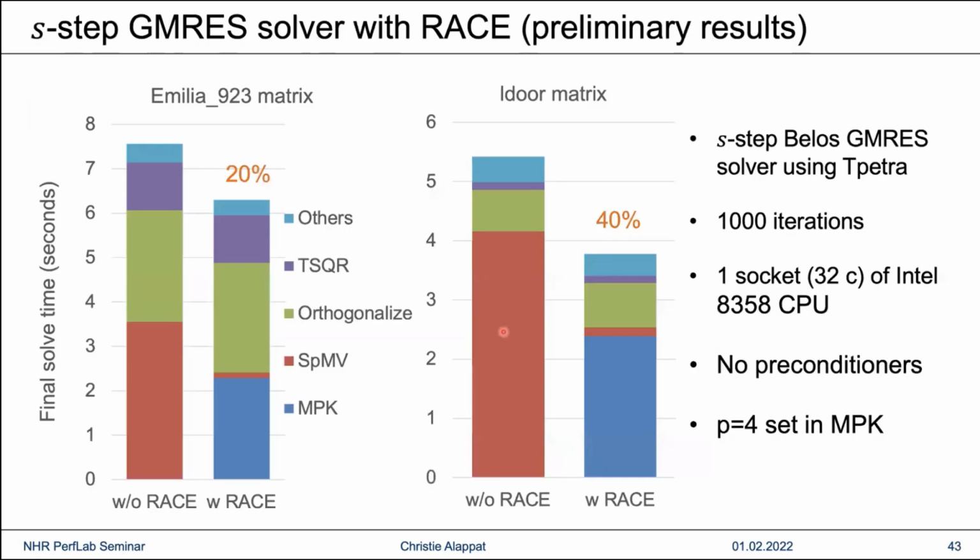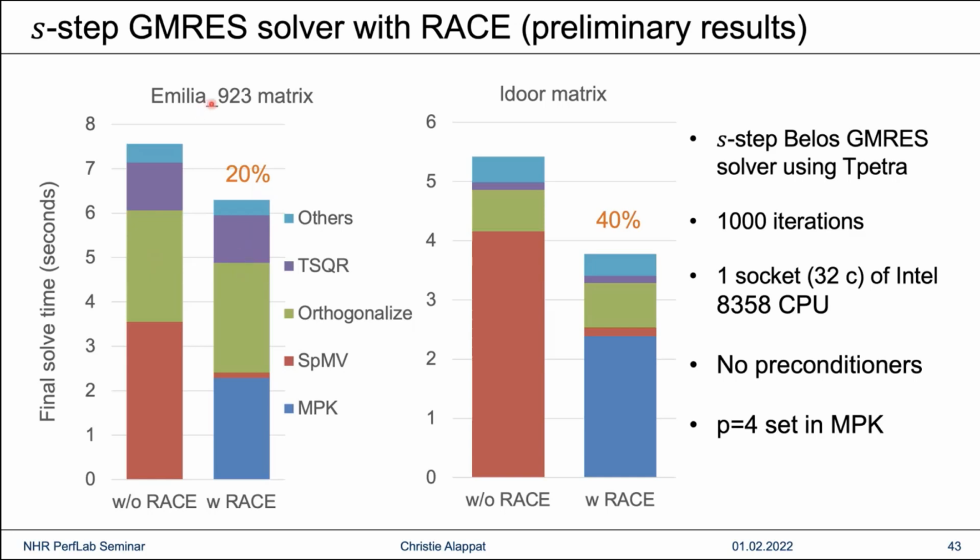And in the following slide, we see the performance improvement that we achieve for the S-step GMRES solver when using RACE. On the y-axis, we see the final solve time for the two matrices we show here, the Emilia matrix and the Elten matrix from the SuiteSparse Matrix Collection. The left bar shows the time required to solve them without RACE, and the right bar shows the time required using RACE.